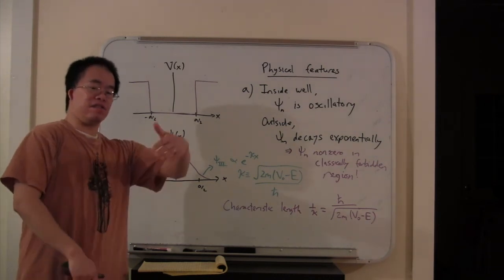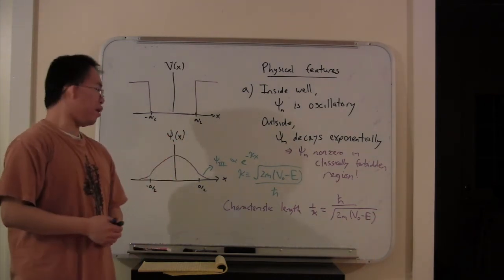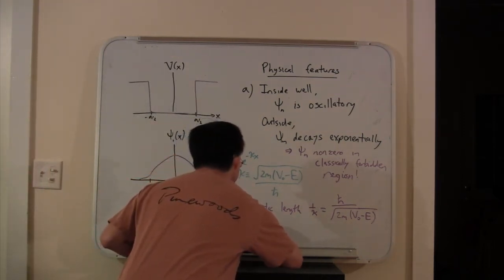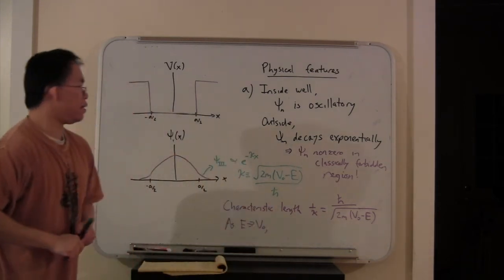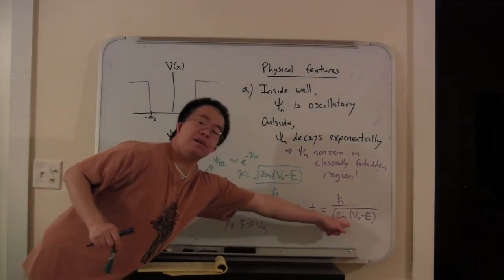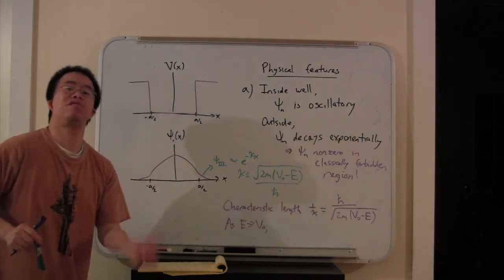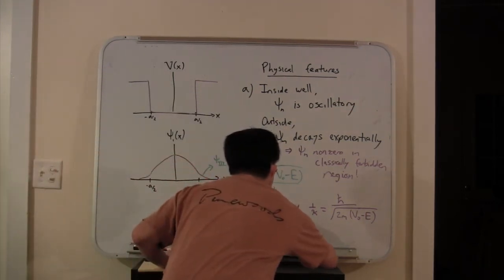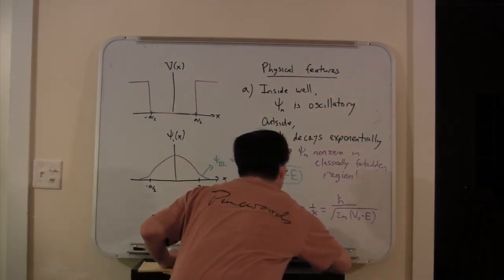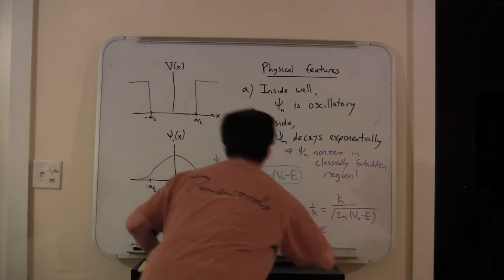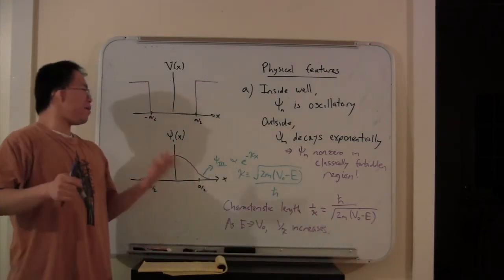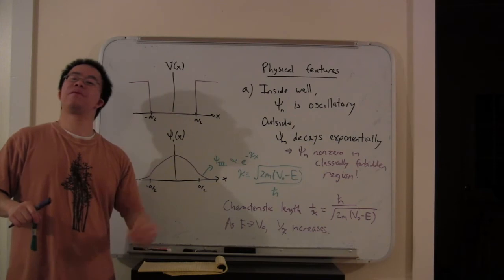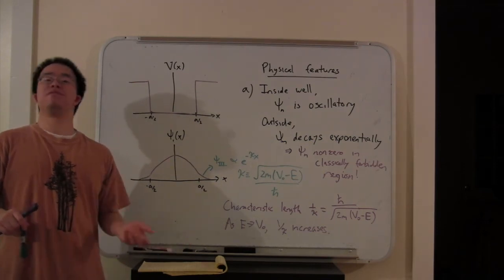As I increase E, as it approaches V naught, then this denominator is going to get smaller and smaller, which means my characteristic length scale 1 over kappa gets larger, which means that the higher my system energy is, the further I'm going to be able to penetrate into my forbidden region.